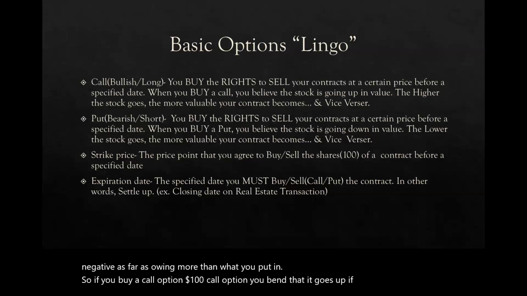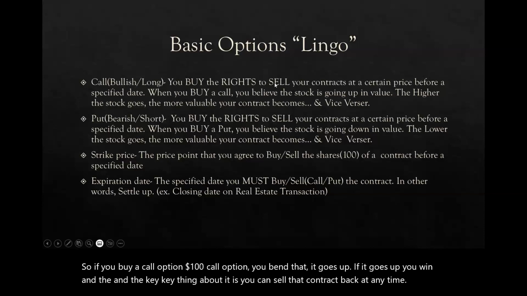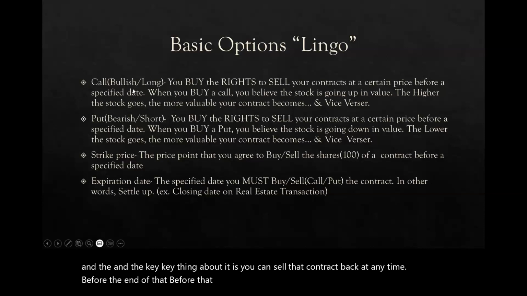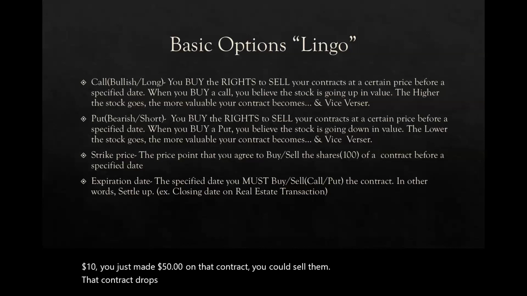If it goes up, you win. And the key thing about it is you can sell that contract back at any time before that expiration date. So if you buy a $100 call and it jumps up $10, you just made $50 on that contract. You can sell then. If that contract drops down, you can sell before you lose the whole $100 as well, because you're trying to cut your losses, right?